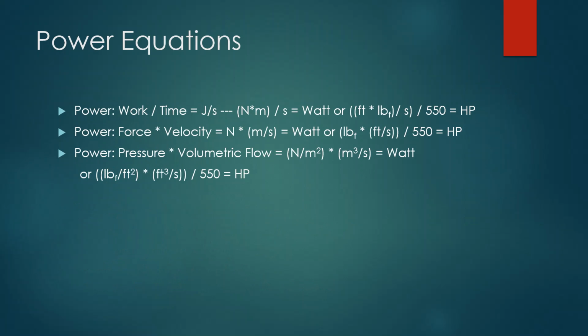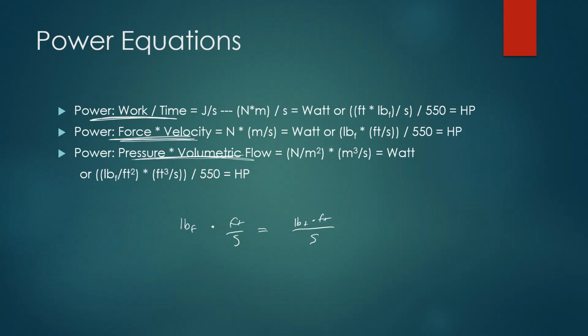So we have a couple of power equations here that we need to look at, because power can be equal to, of course, our work divided by time, but it can also be equal to force times velocity and pressure times volumetric flow. The force times velocity is pretty simple. It's just like our other one. If we do force, like in pound force times velocity, feet per second, we're going to get pound foot per second.